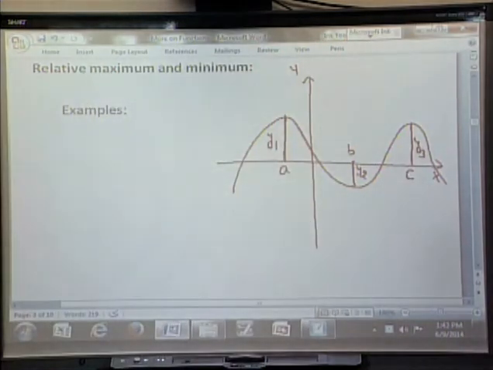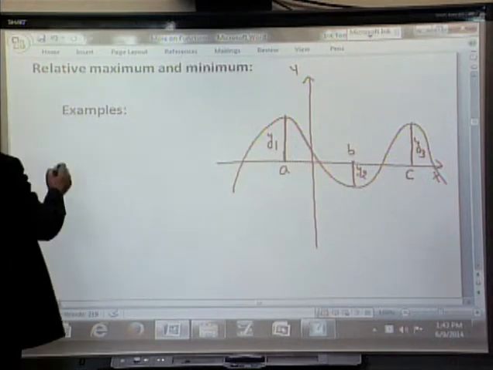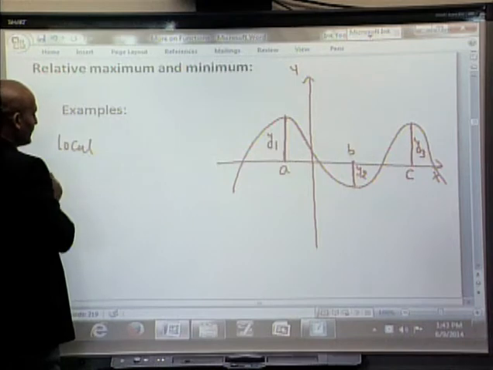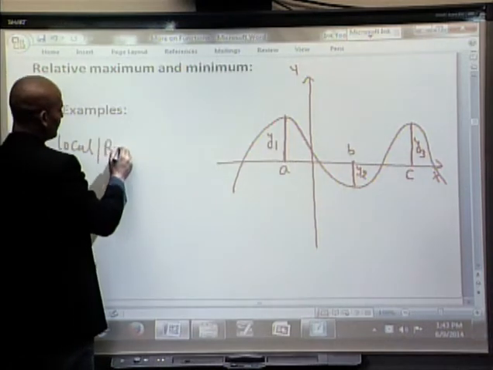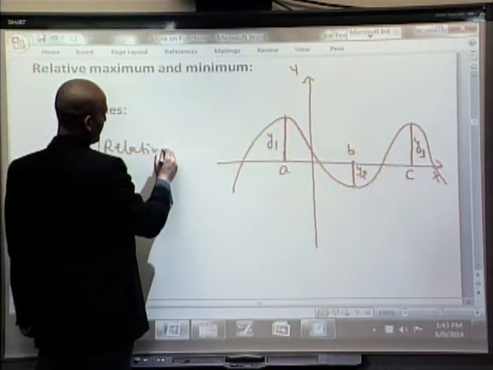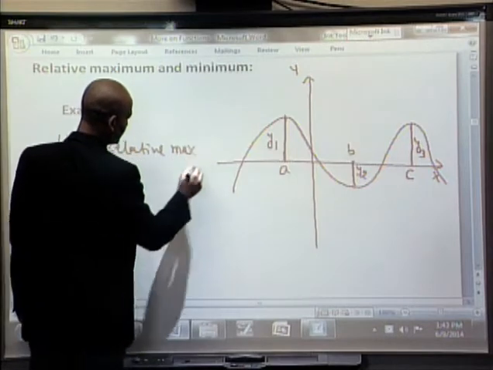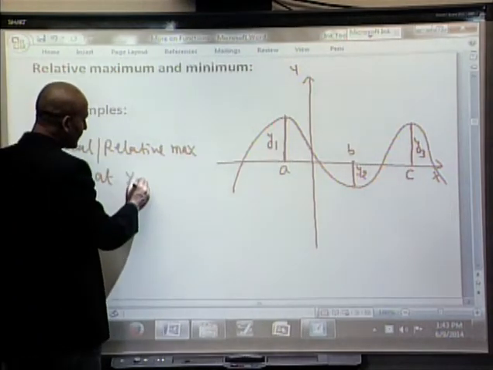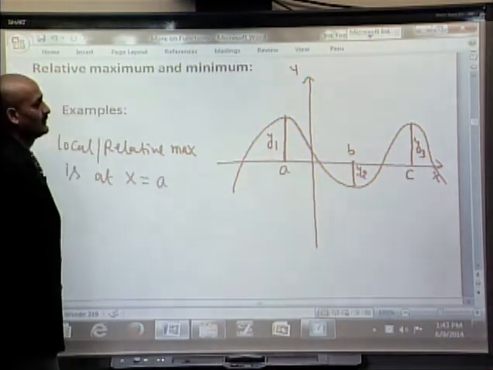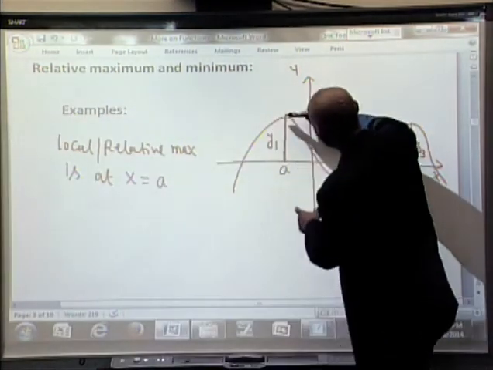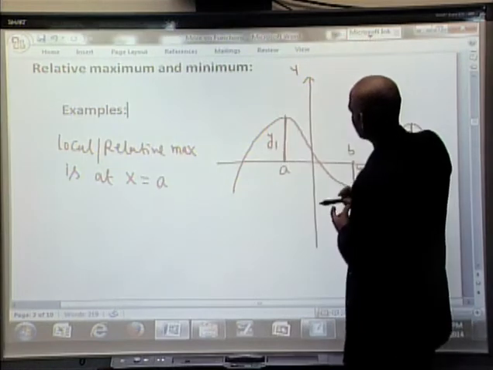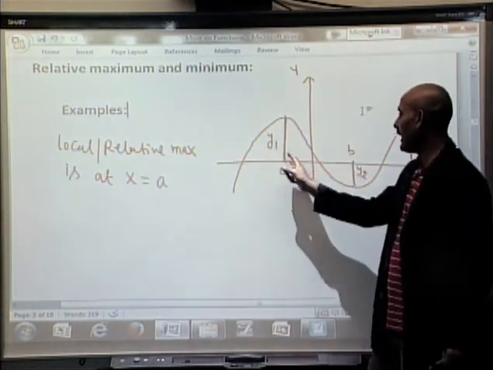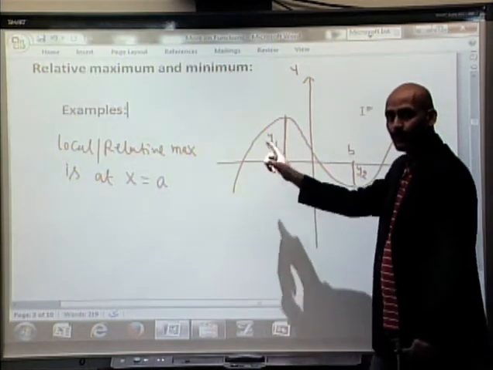If this is the graph of a function, we say the local or relative maximum is at x equal to a. This is the largest the function can be around the neighborhood of a, close to a.